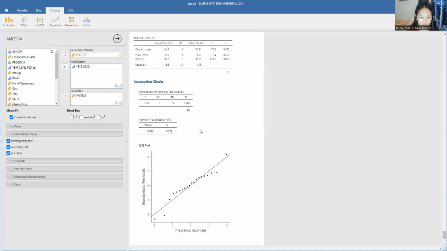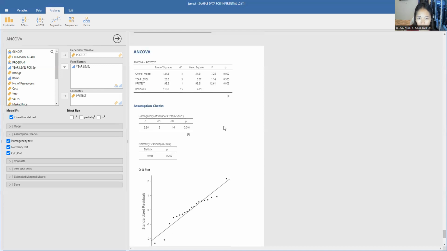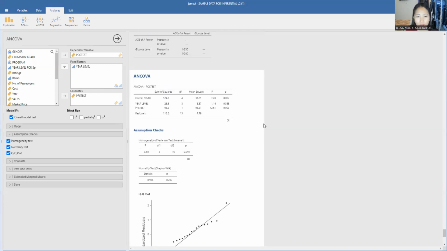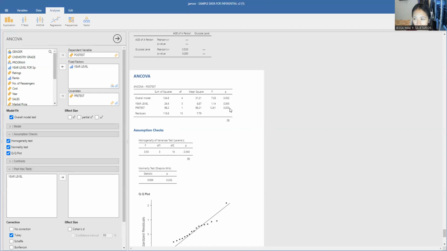So for the analysis of this one, let's try to check if there is a significant difference. So the pre-test, that's the year level, since this is our independent variable, is greater than 0.05. So there is no significant difference. But the pretest's p-value is less than 0.05.